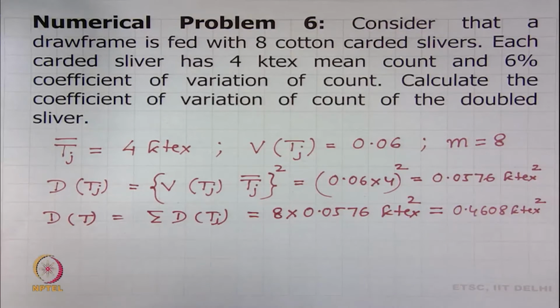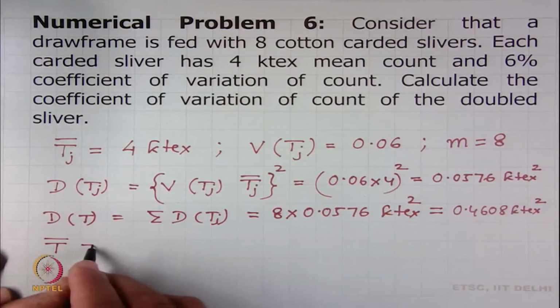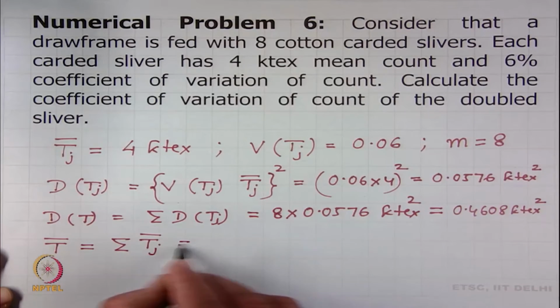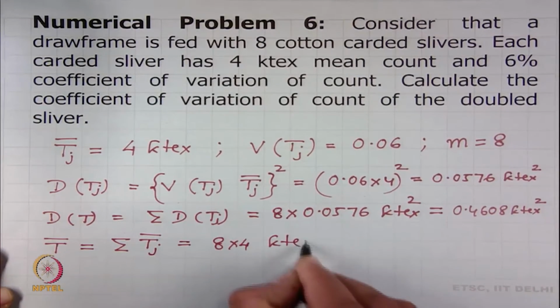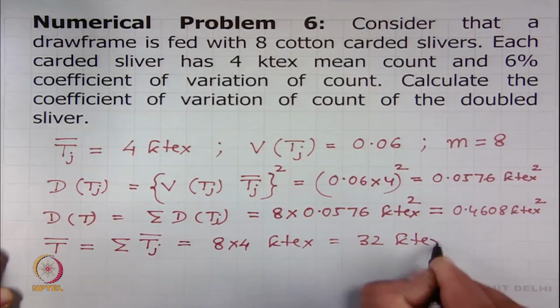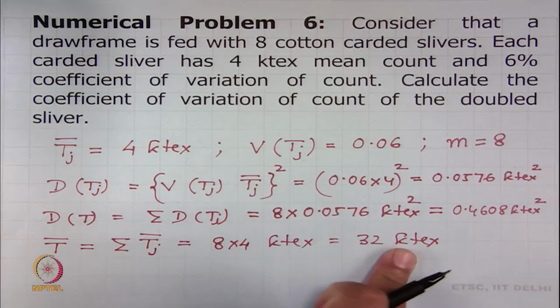Square. And what is the fineness of the double sliver? ktex. So, you know variance, you know mean, you have to find out CV.